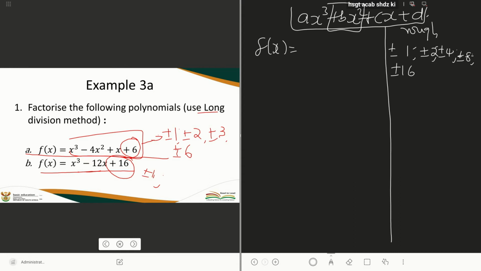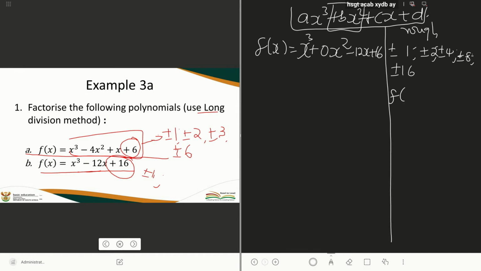What do I do? You need to make sure that you add the missing terms to this polynomial. You must ensure that the coefficient of that missing term is 0. So it's x cubed plus 0x squared minus 12x plus 16, right?